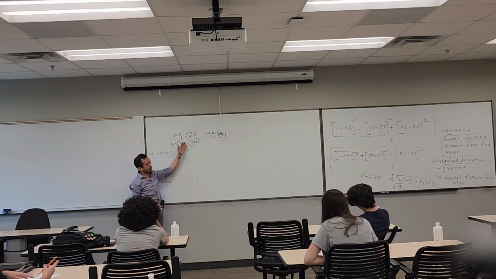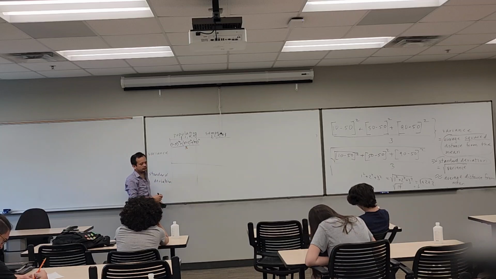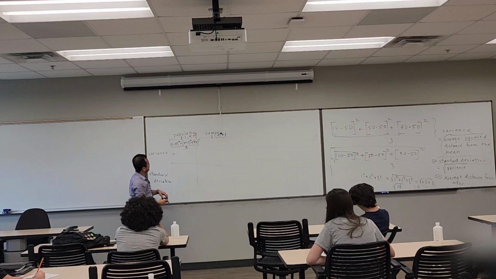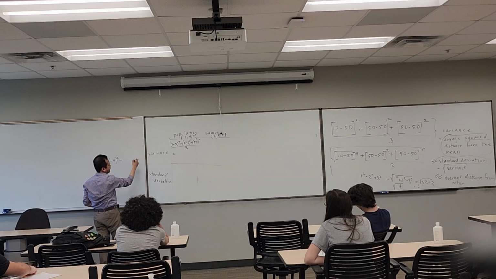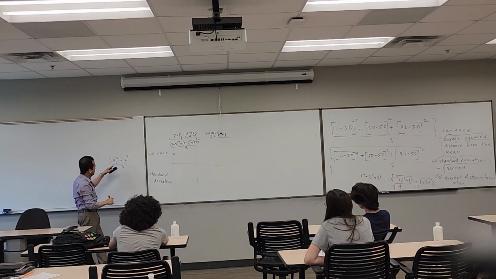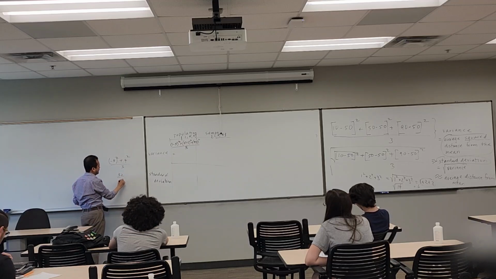We're adding up these 3 square distances and dividing by 3. So this gives us the average square distance. If you were to calculate this, this is -4 quantity squared plus 0 squared, which is 0, plus 4 squared, and that's divided by 3. So then we're going to get 16 plus 16, which is 32, divided by 3.